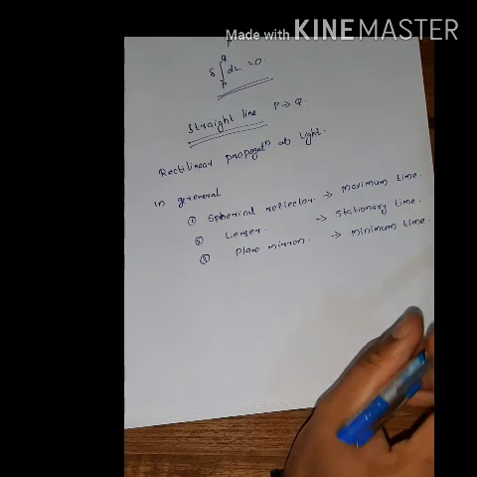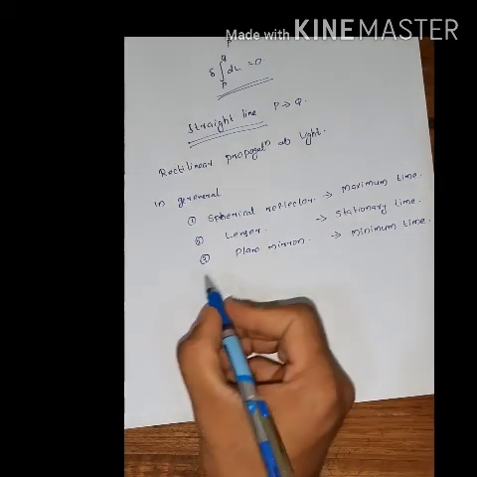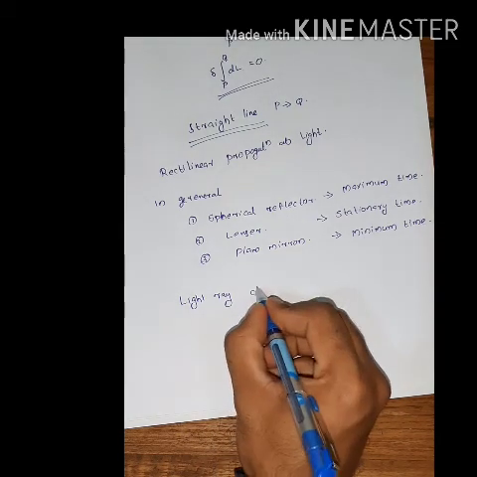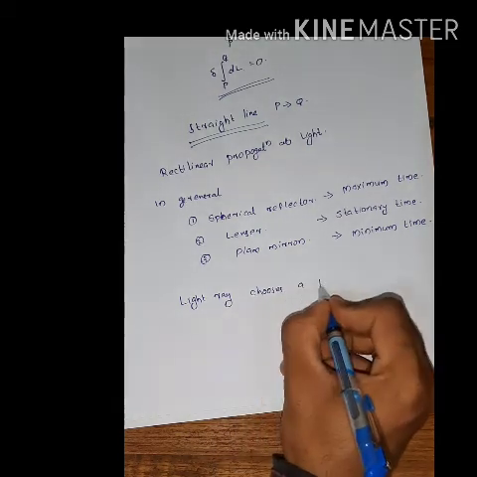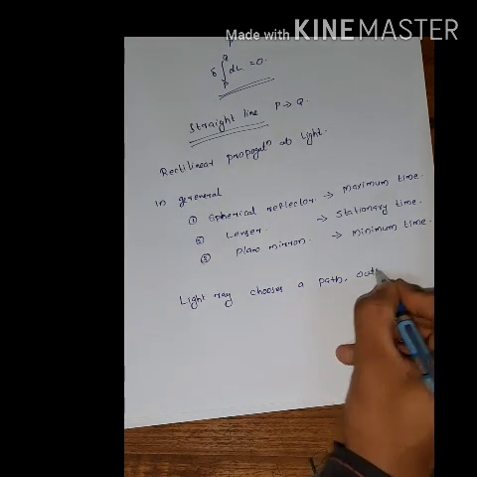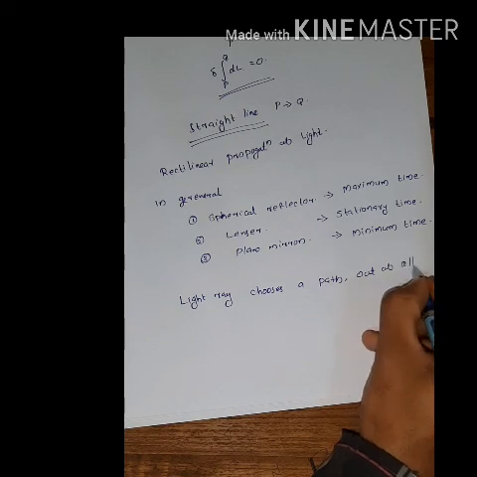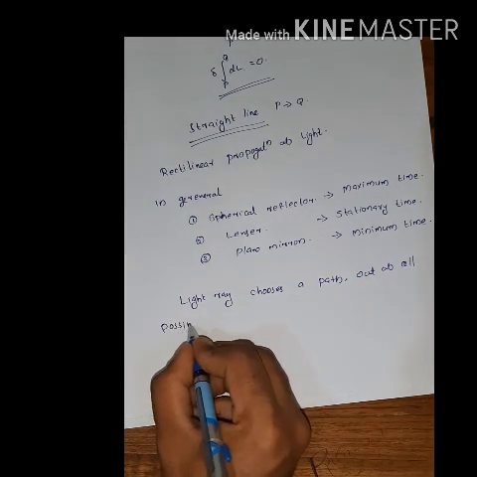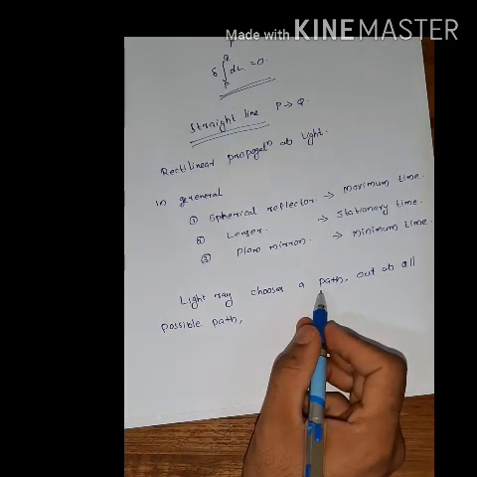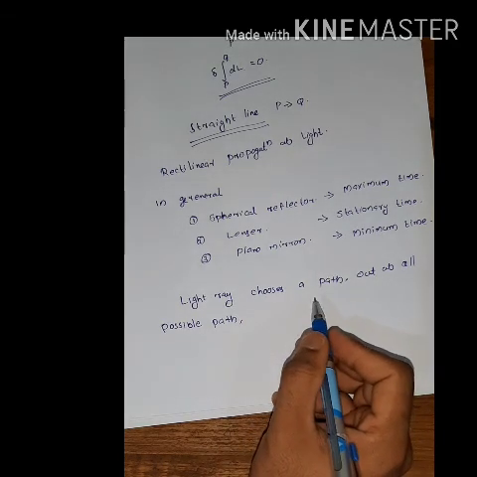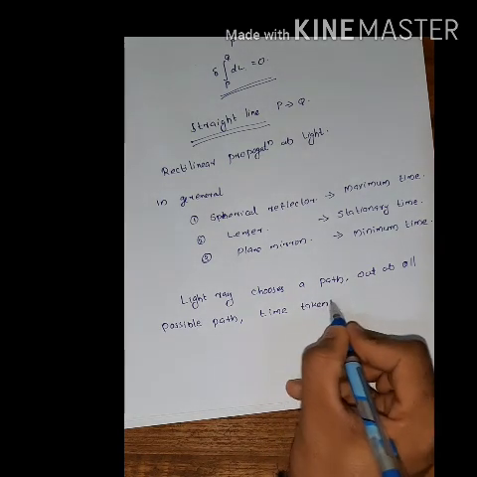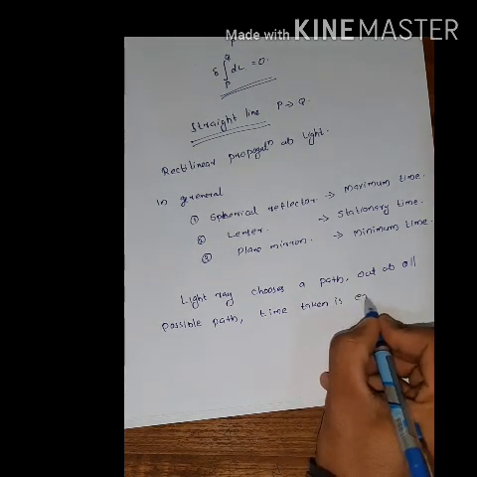So we can restate Fermat's principle: the light ray will choose a path out of all possible paths, and the property of that particular path is that the time taken is extremum.